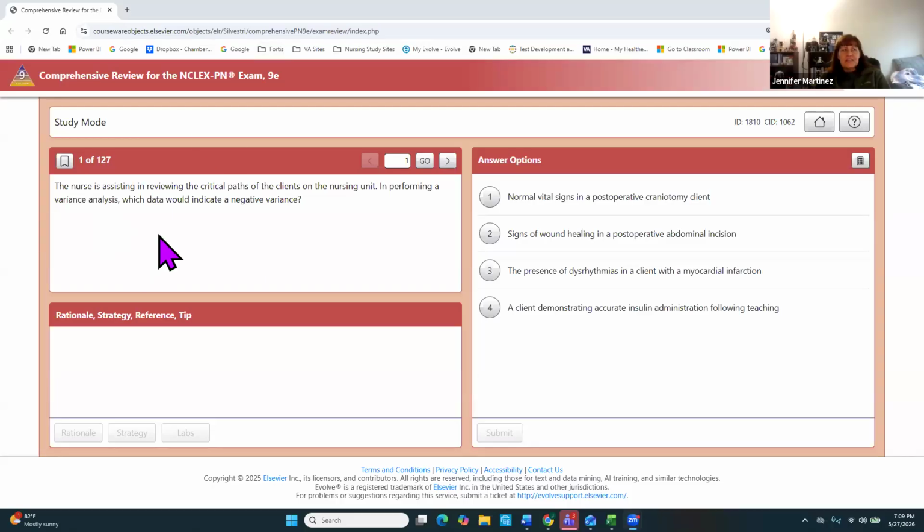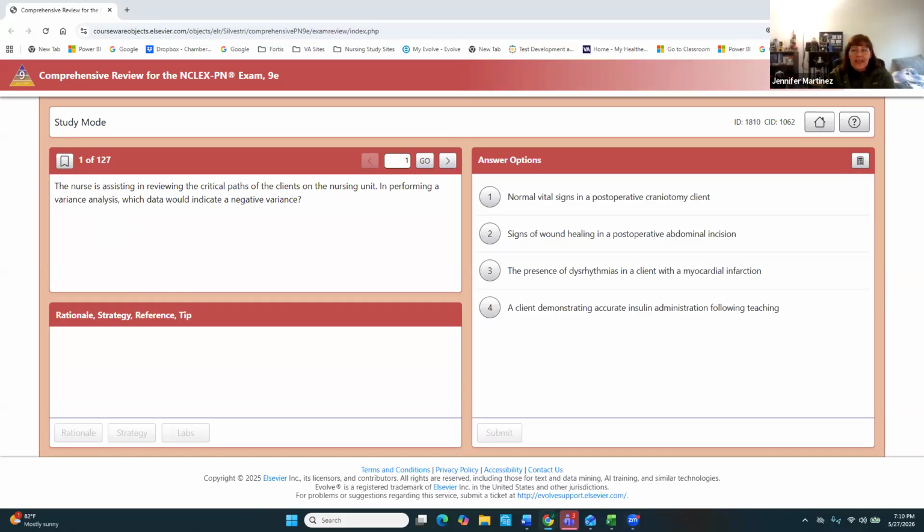So the nurse is assisting in reviewing the critical paths of the clients on the nursing unit in performing a variance analysis. And I'm not sure if you guys are going to know this one, but in performing a variance analysis, which data would indicate a negative variance? Number one is normal vital signs in a post-op craniotomy client.